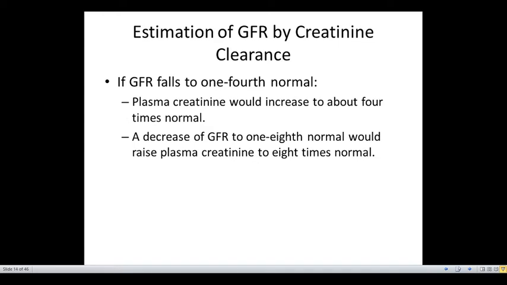If glomerular filtration rate falls to 1/4 normal, plasma creatinine would increase to about 4 times normal, and a decrease of glomerular filtration rate to 1/8 of normal would raise plasma creatinine to 8 times normal.